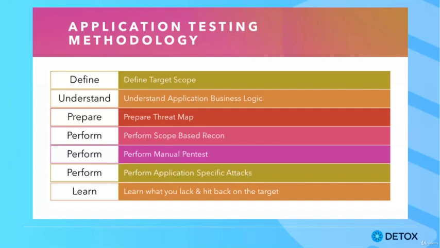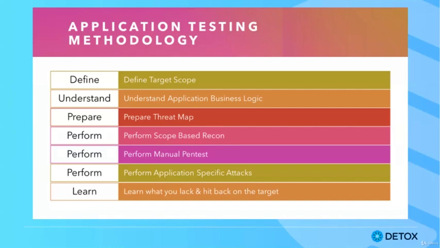Then perform application-specific attacks. Let's say the application is built on top of client-side template engines, like Angular or React or something. You should go and try for client-side template injection to find an XSS-like scenario. Let's say your application is built on top of Ruby on Rails, so you should focus on attack scenarios specific to Ruby on Rails.